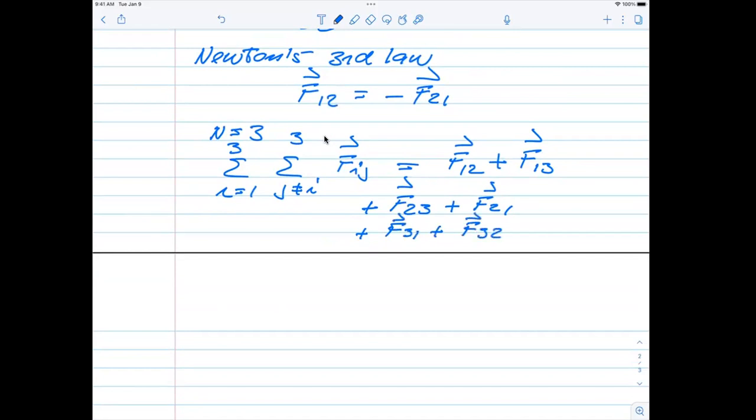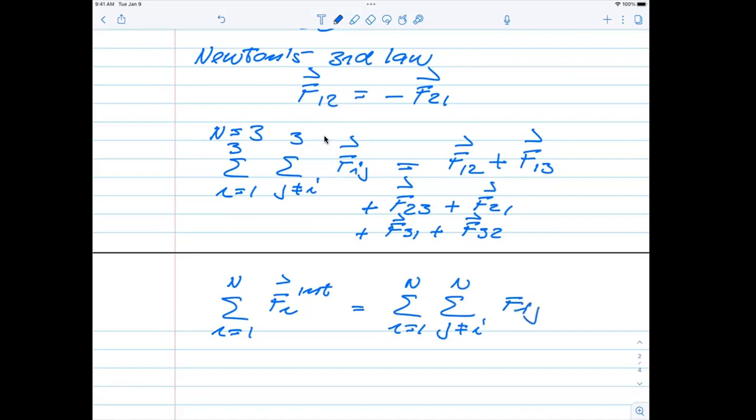Now, if you look at this expression, you can actually rewrite the whole sum. If we take the more general case with I equal 1 up to n, a general n, and we sum up all these interactions, this is going to be the sum over I equal 1 to n, and then the sum over j different from I up to n, of Fij.